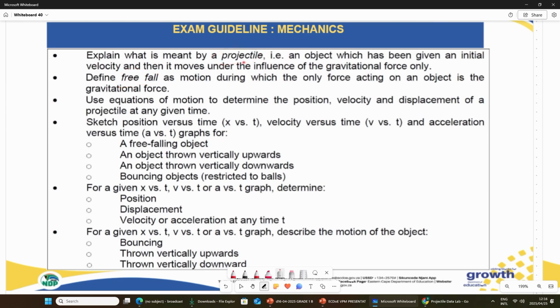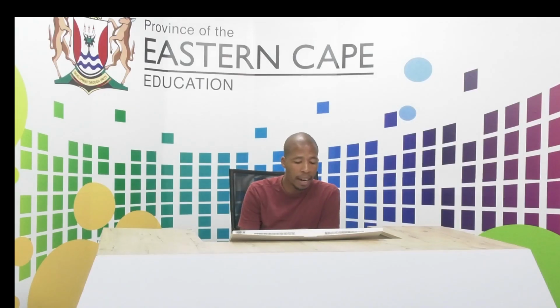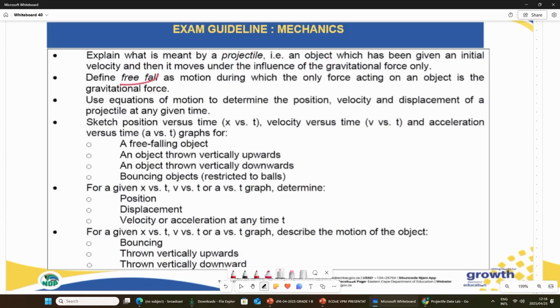These definitions are more or less the same, but a projectile is an object which is given an initial velocity, while a free fall here is a motion. That is the difference between the two. One is an object, the other is a motion. We take these definitions exactly as they are from the examination guideline.